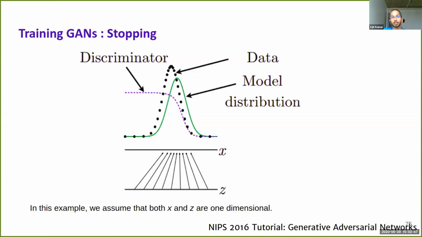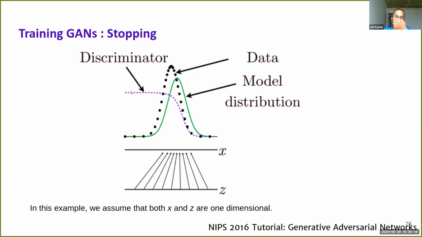So let's see in a one-dimensional example what is actually happening. These black dots are the original training data that we have, let's say in one dimension. So this is the distribution of X, where we have more points clustered in this region. And let's say that this is the current model that we have gotten till now.